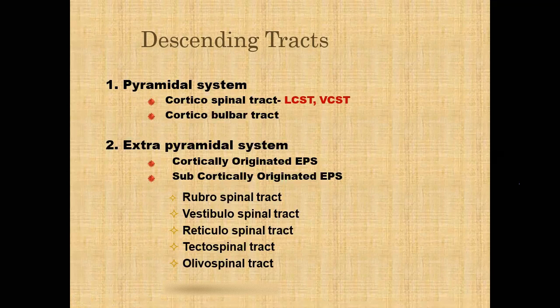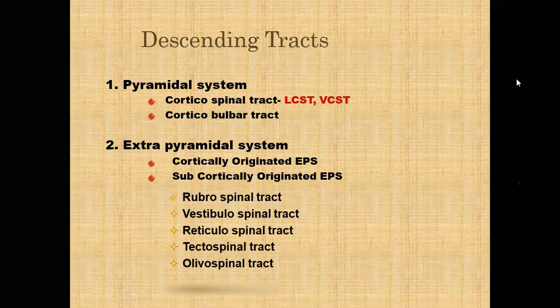Now, we have all seen in the ascending tracts also that the naming of the tracts has been done in a very good manner. The site of origin and insertion forms the name of the tract. Say, for example, the corticospinal tract has a lateral and a ventral corticospinal tract. The corticobulbar tract. Similarly, we have the extrapyramidal system also. We will be detailing about it later on.